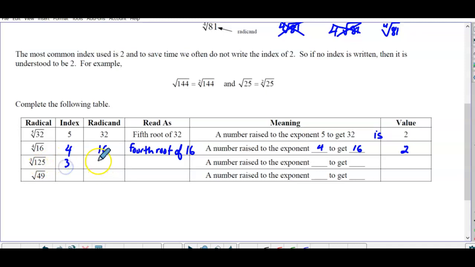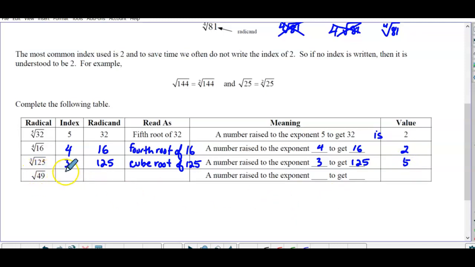Index of 3, radicand is 125. So this is the third root. Really, we say cube root of 125. It has a special name. A number raised to the exponent 3 to get 125 is 5. Okay, 5 cubed is 125.